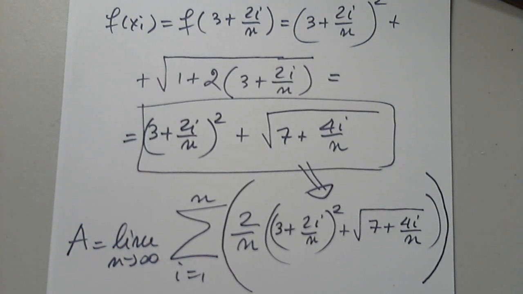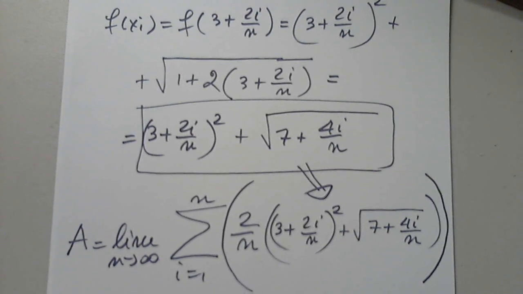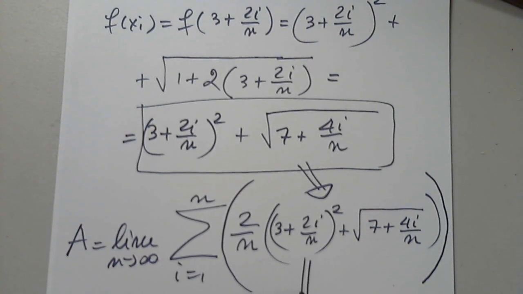Careful how you enter it. Oh, because I need a third set of parentheses. Yes. So now if you don't want to use the third set, then we have to expand this. First term squared plus 2 times the first times the second, 12i over n, plus 4i squared over n squared.